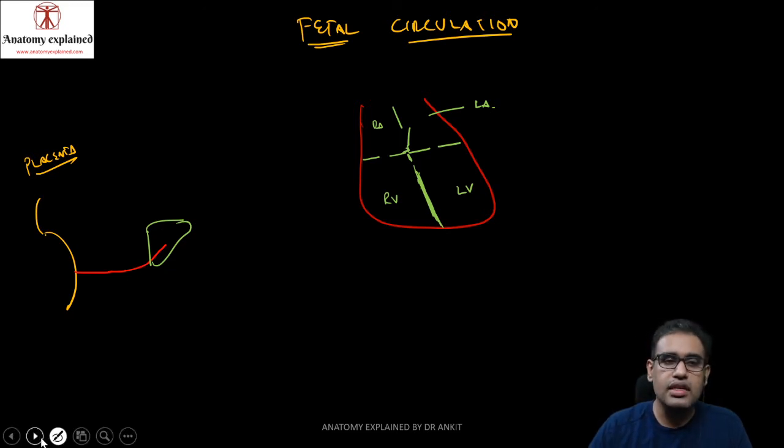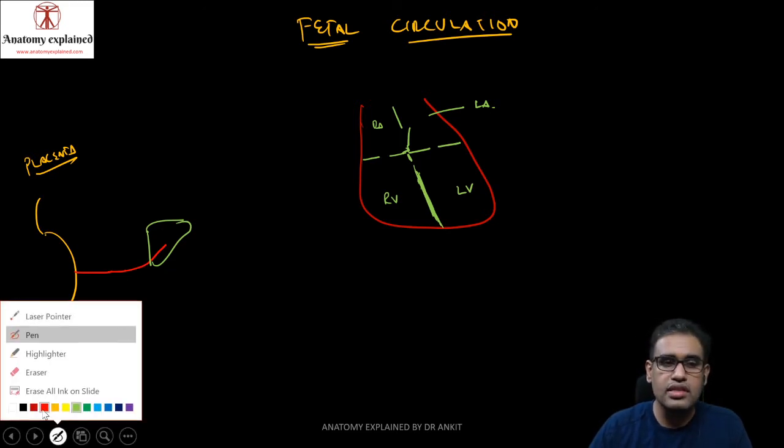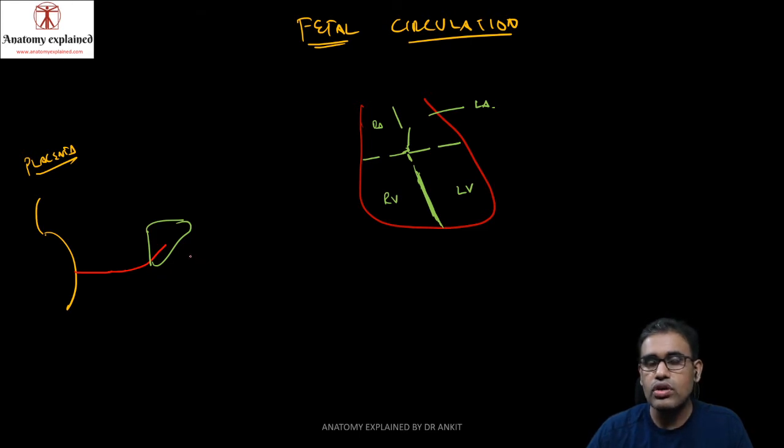Now what happens is that this oxygenated blood doesn't go totally into the liver, but it will give some blood to the liver for the oxygen and nutrients required for its development. Then it will bypass the whole liver via a different sort of vessel over here, known as the ductus venosus.